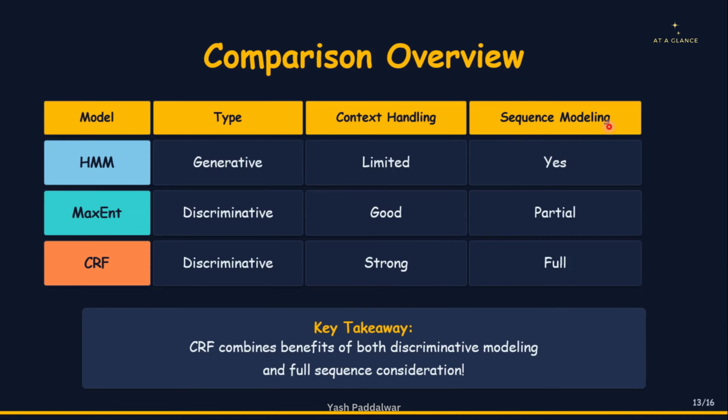When we talk about sequence modeling feature, HMM, yes, it has a sequence modeling feature. Maxent has a partial sequence modeling, and CRF has full sequence modeling. So, considering all these features, CRF is the best of all of them. So, CRF combines benefits of both discriminative modeling and full sequence consideration. So, I hope a comparison of all of them is clear to you all.